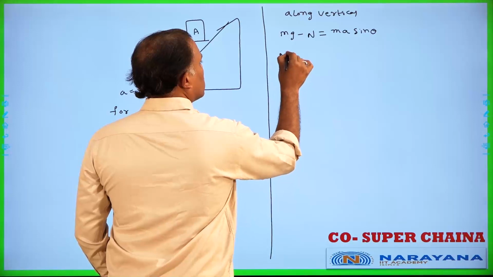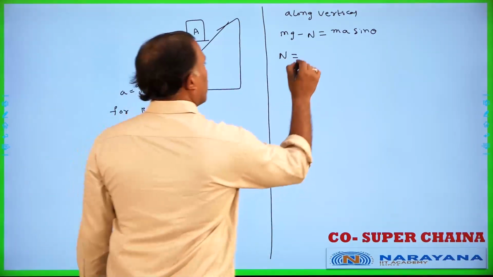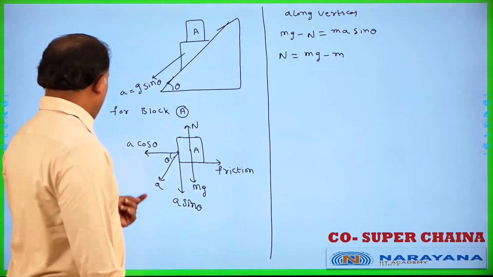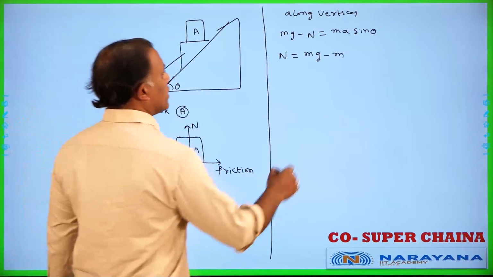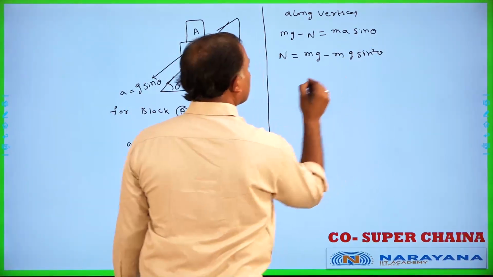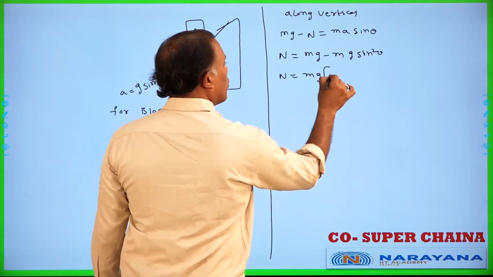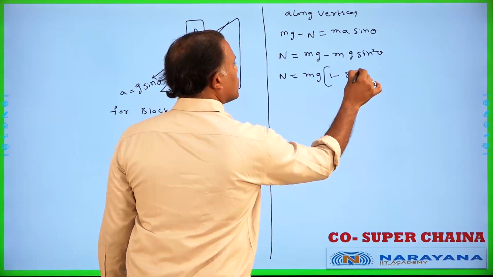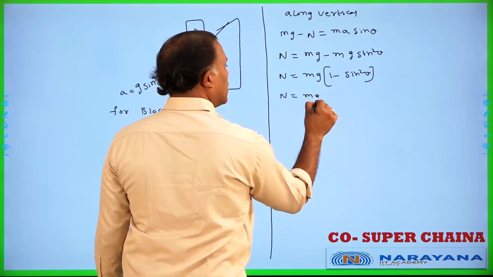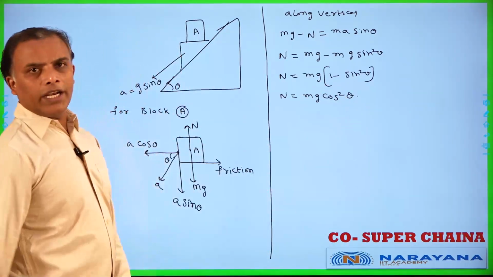So N is equal to mg minus m a, where a is g sin theta, so g sin square theta. So N is equal to mg into 1 minus sin square theta. So N is equal to mg cos square theta. That is along vertical.